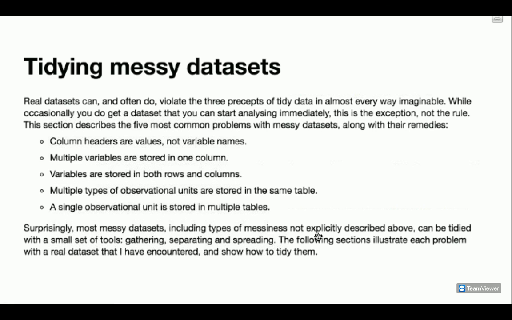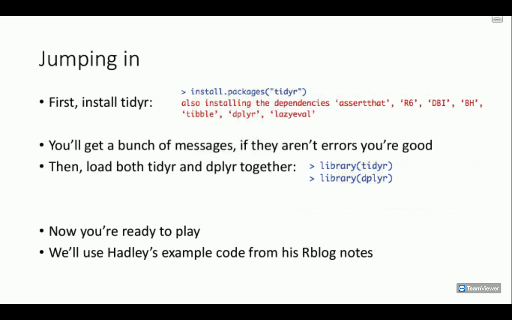I'll show you more examples of these, and within tidyr there are some tools for gathering, separating, and spreading the data. We'll see that, and we'll practice some of those.